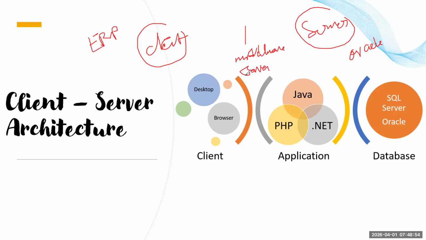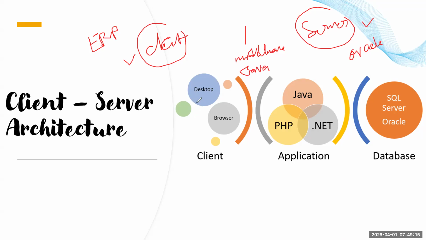But SQL Server or Oracle or Postgres or MongoDB is a 2-tier architecture. We have a client and a server, and there is nothing called middleware. So you don't need any middleware if you want to work as a database administrator for these engines.